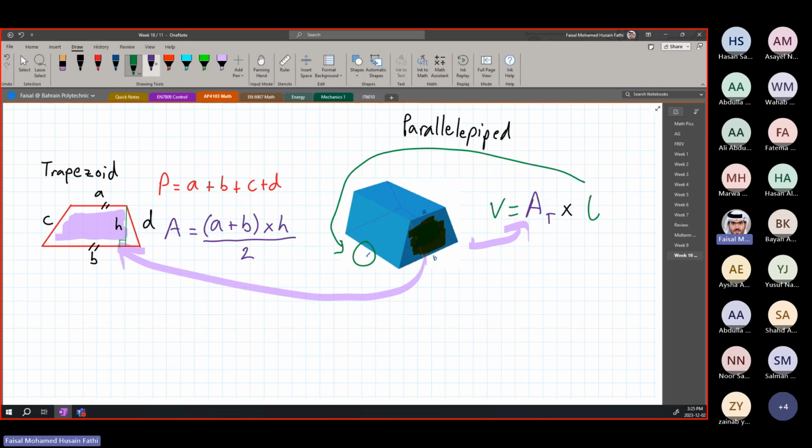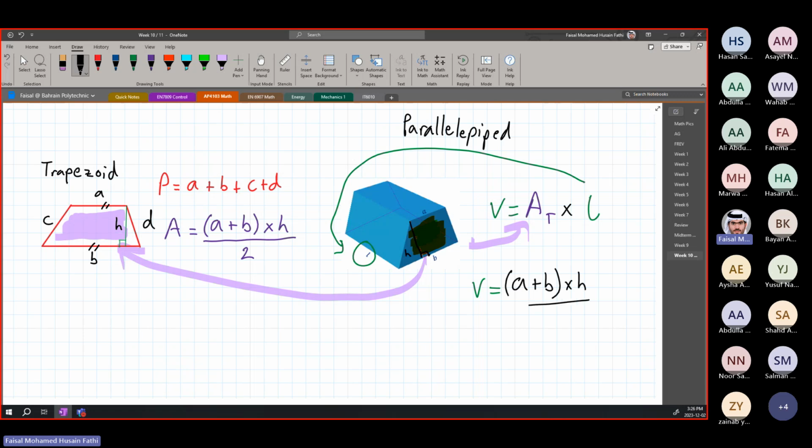So the volume, again, same concept, is going to be equal to the area, which is in this case (A plus B) times H. H is this height over here, the perpendicular height H, okay?